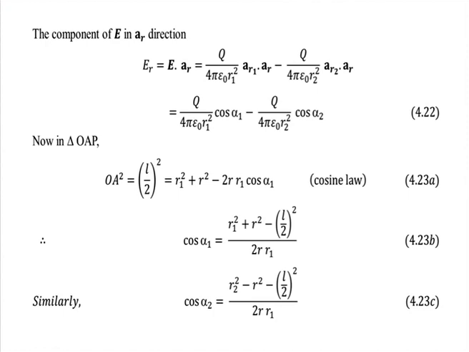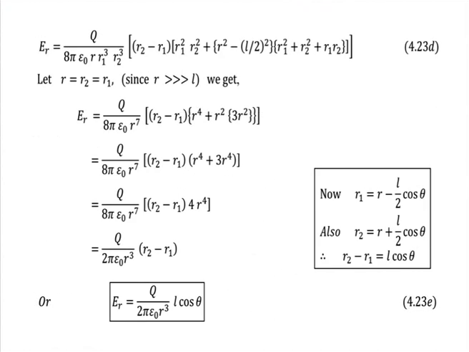Using this expression, we can find the expression for cos alpha 1. Similarly, using triangle OBP, we can find the expression for cos alpha 2. Putting the values of cos alpha 1 and cos alpha 2 in equation 4.22, we get the expression for ER, which on simplifying results in equation 4.23d.